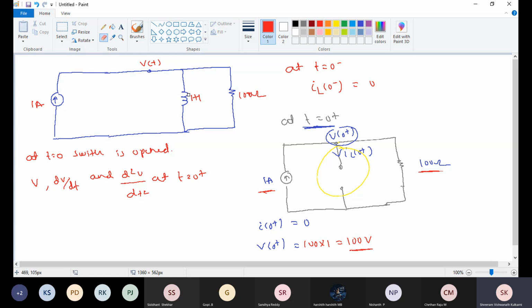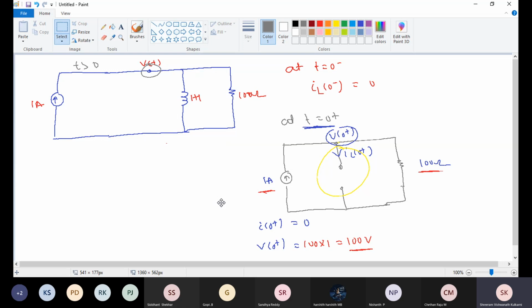This is the circuit for t greater than 0. Now apply KCL at this node.